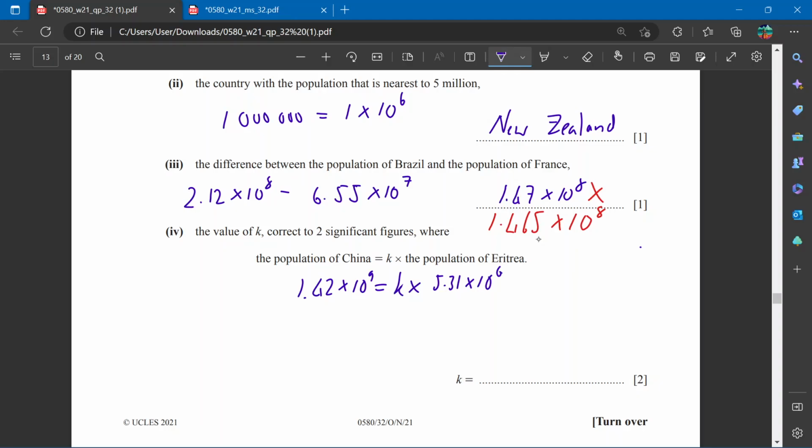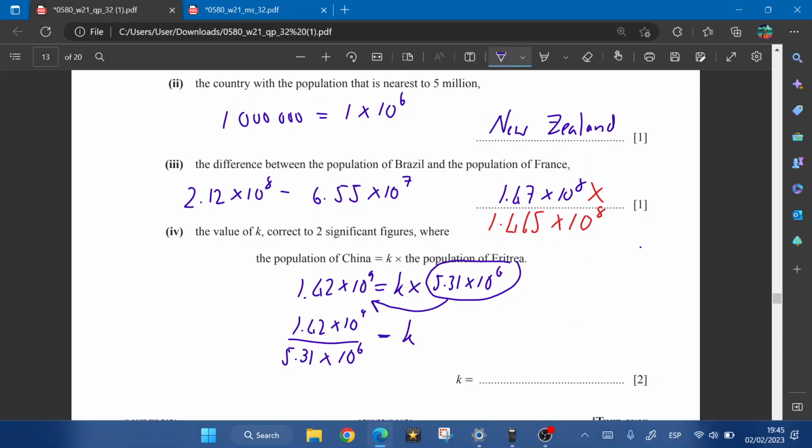This is solving an equation. So we're going to take all of this, move it to the other side, and of course, we do the opposite of times, we divide. So 1.42 times 10 to the power of 9 divided by 5.31 times 10 to the power of 6. And that will be k.